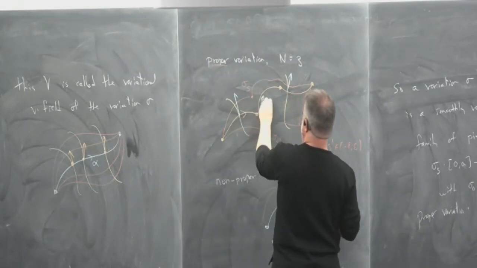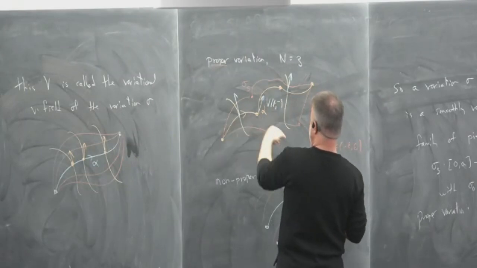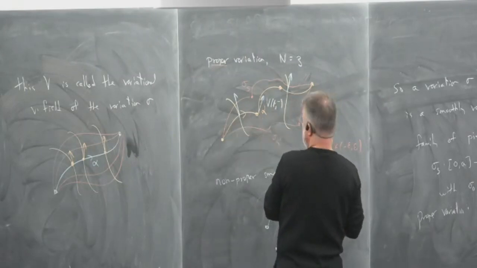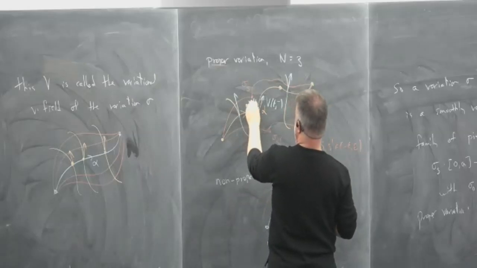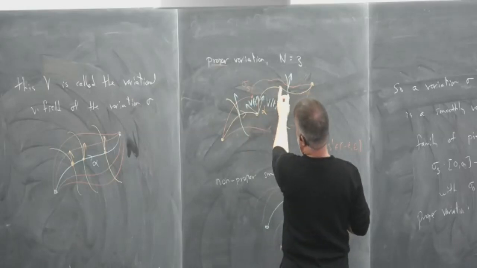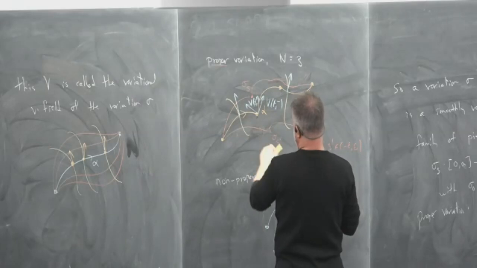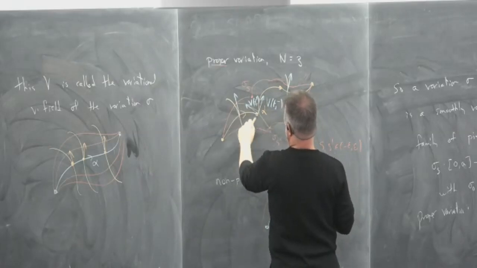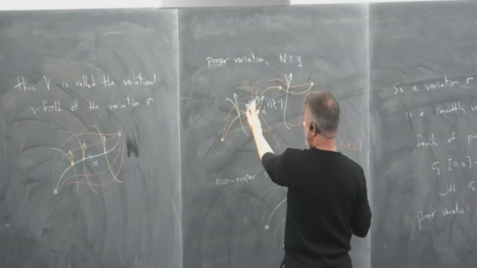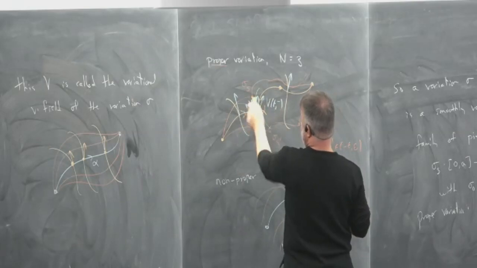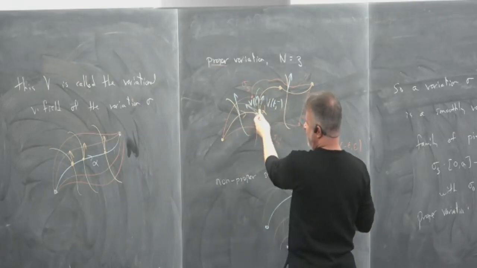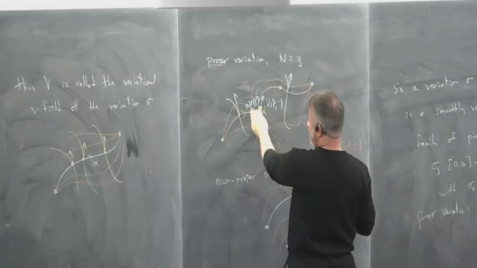This is going to be V of t_1 minus as we're coming from below, and this one here is going to be V at t_1 plus, right? I'm looking at the transversal curves. I'm looking at the velocities of the transversal curves at s equals 0. As t is going to t_1 from below, I'll get this blue vector. As t is going to t_1 from above, I'll get this blue vector. So it's got two values at these points t_k, right? We have a left-hand limit and a right-hand limit.